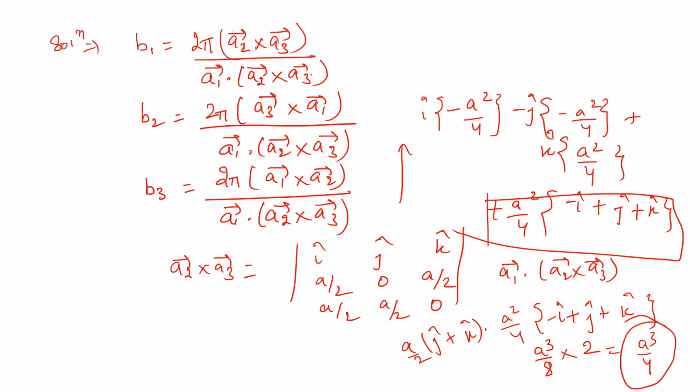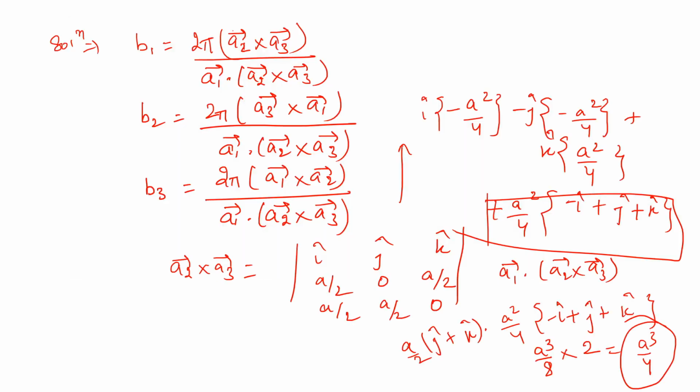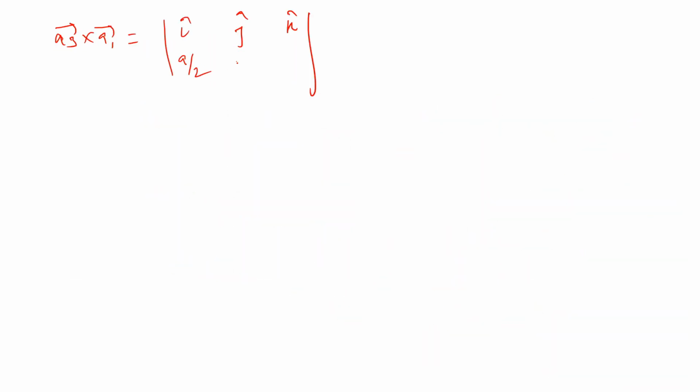Now we will solve A3 cross A1 and A1 cross A2. So A3 cross A1 is I, J, K; A3 is A by 2, A by 2, 0, and A1 is 0, A by 2, A by 2.